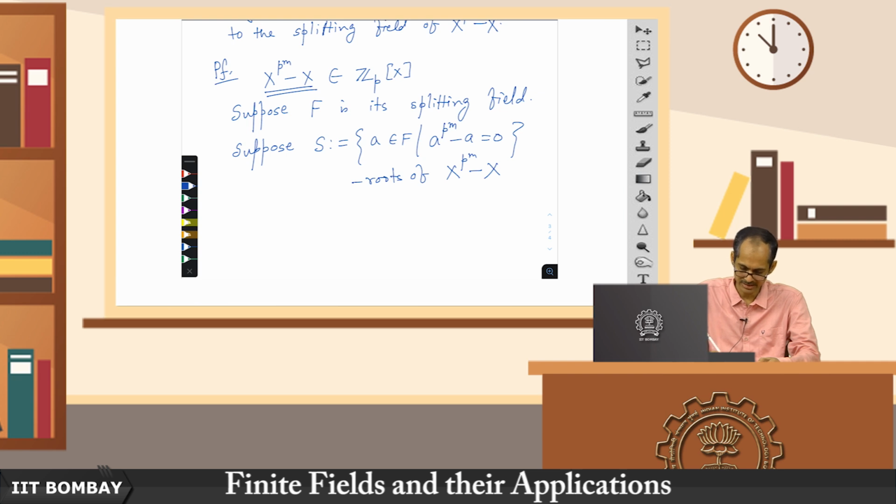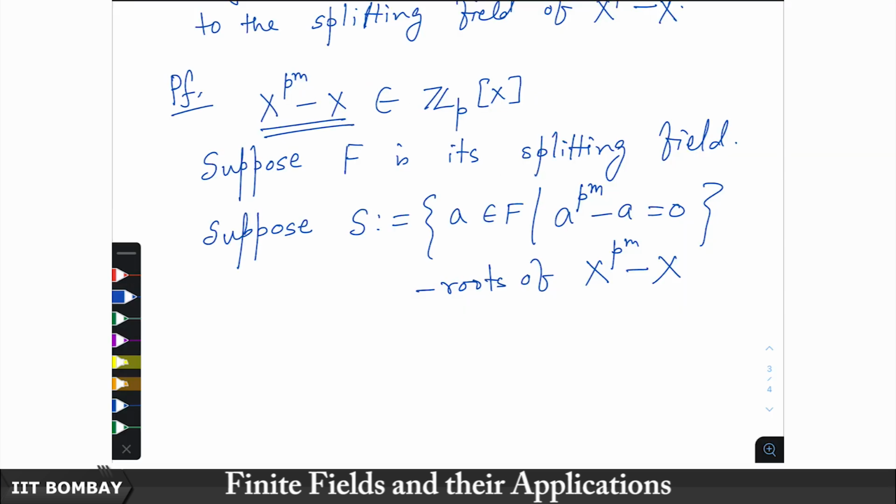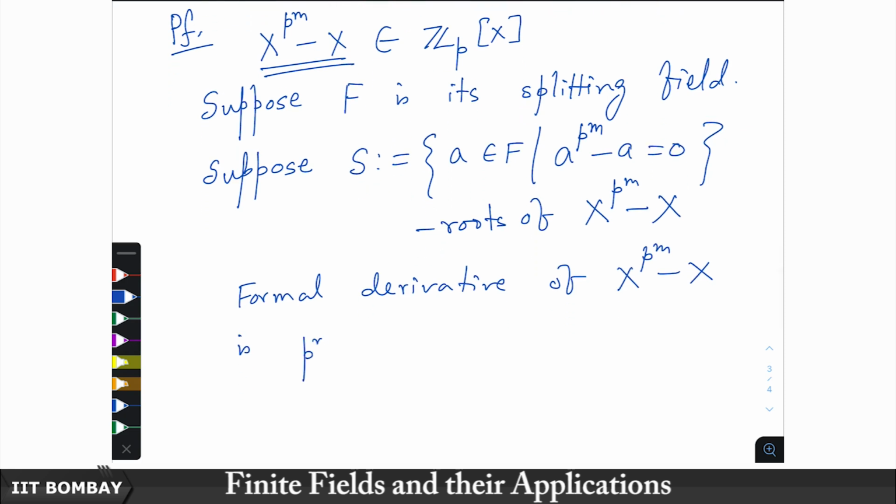However, if you take the formal derivative of x power p power m minus x, it is p power m times x power p power m minus 1 minus 1. Now, this is a polynomial over Z p, so the characteristic is p, and this coefficient is a multiple of p, so it is equal to 0, and hence the derivative is equal to minus 1.